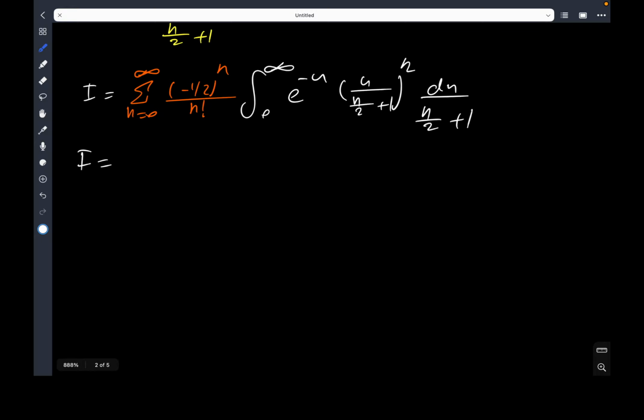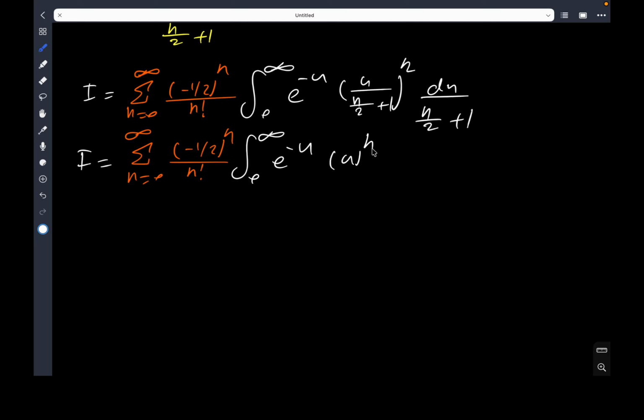And my I is going to be the infinite sum from 0 to infinity of this whole boring thing here, times the integral from 0 to infinity of e to the negative u times u to the n over (n/2 + 1)^n, times du over (n/2 + 1).